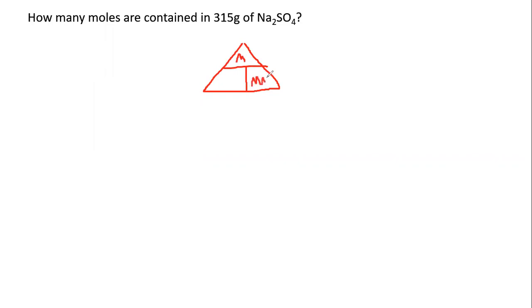Now, if we're talking about the periodic table, the atomic mass is the same thing as the molar mass of that element. But when we're talking about compounds, the molar mass is calculated from the contribution of each component in the compound.